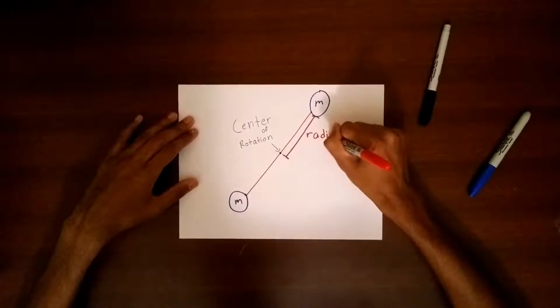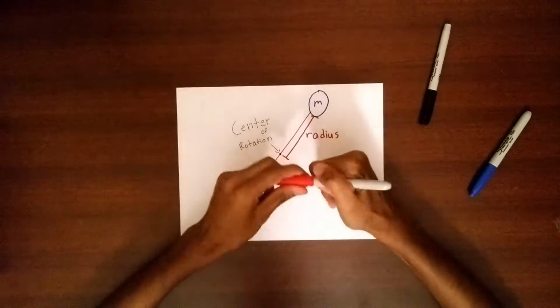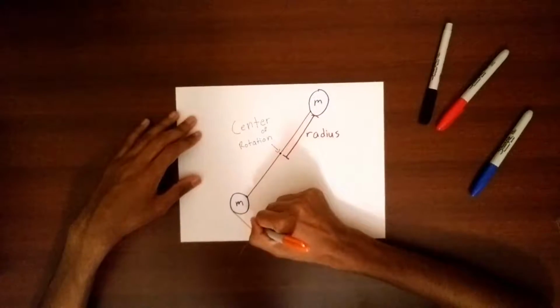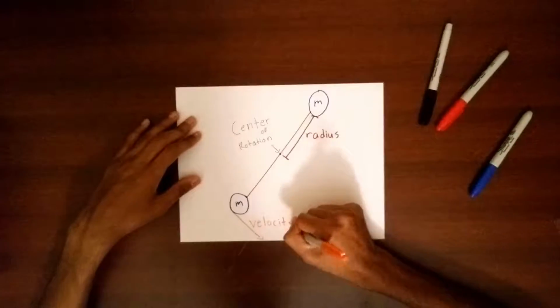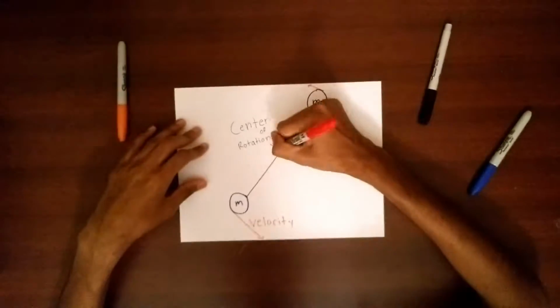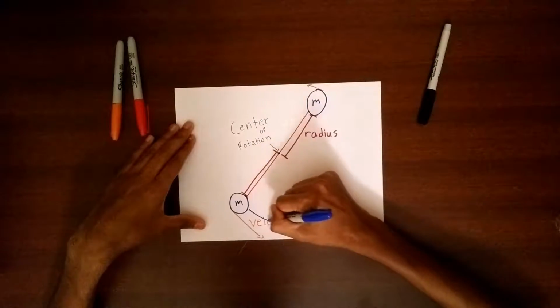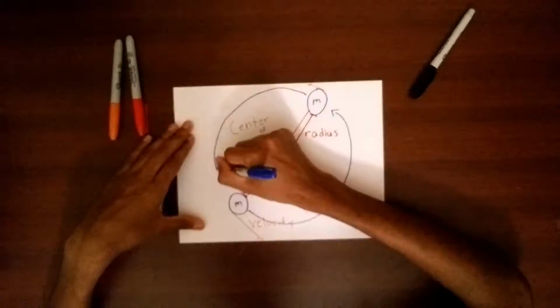The distance between the center of rotation and the mass is known as the radius. Because these masses are attached to the stick, they will rotate in a circle, following the path shown.